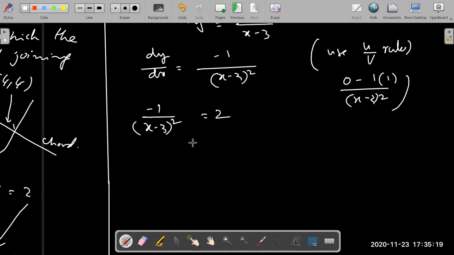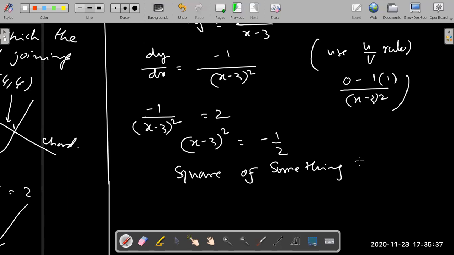Which means (x minus 3) whole square equal to minus half. So that means square of something equal to negative. That's what this is saying, but that is impossible.